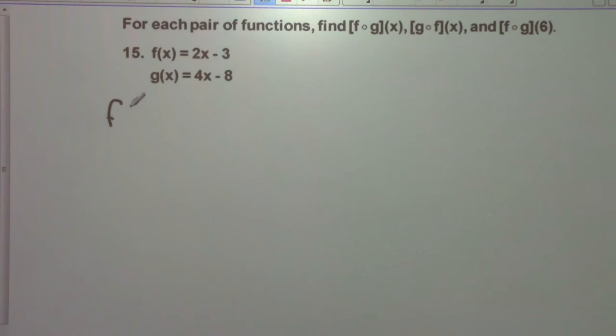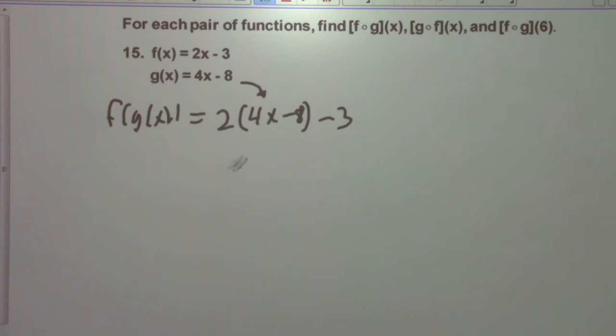Okay, f of g of x, you're going to plug the g into the f, so that's your room for your g. Your g is going to go right in here. So you put 4x minus 8 right in here. And then that's going to be equal to 8x minus 16 minus 3, which is 8x minus 19.